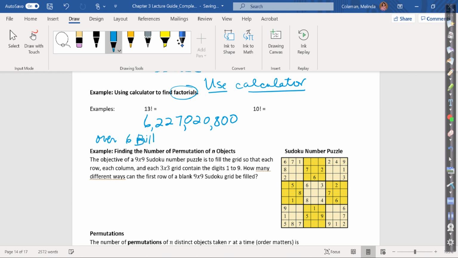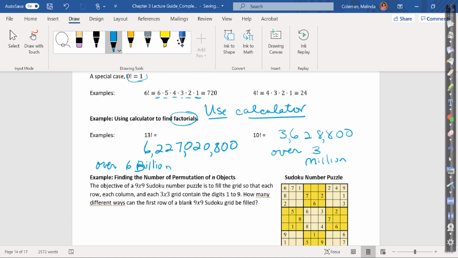It's B with a B, billion. 10 factorial was 3, 6, 2, 8, 8, 0, 0. Again, I put them in. This is over 3 million. So the numbers are going to increase very fast as we continue to multiply that out.